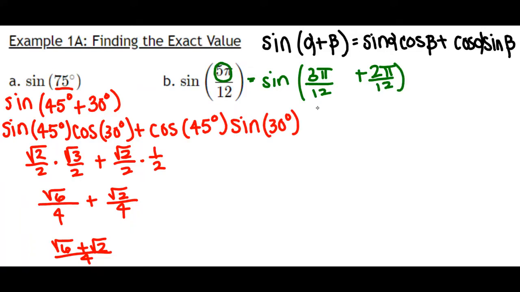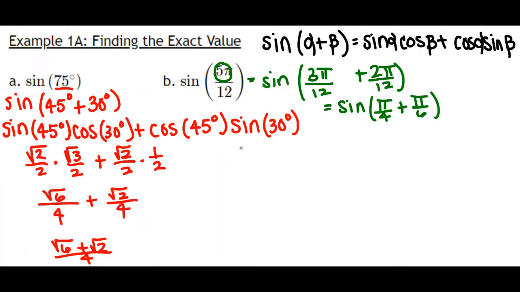Now if I were to rewrite this, 3 pi over 12 reduces to pi fourths, and 2 pi over 12 reduces to pi 6. These two are on my unit circle, so we're going to follow the exact same steps and use our unit circle. So I'm going to rewrite it.